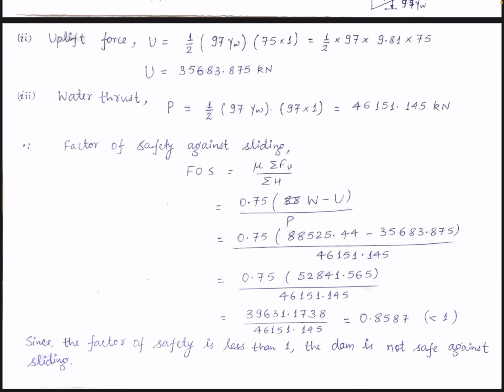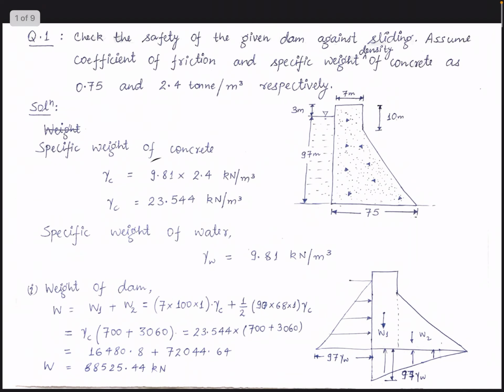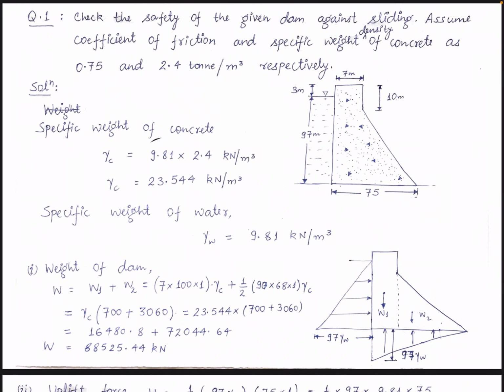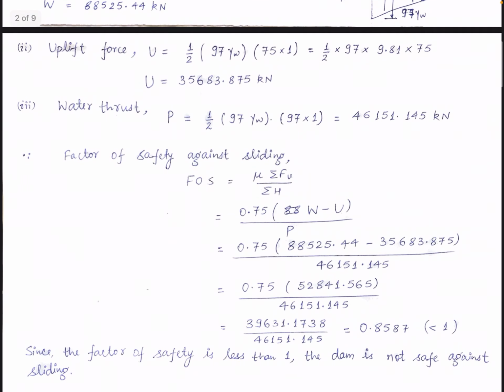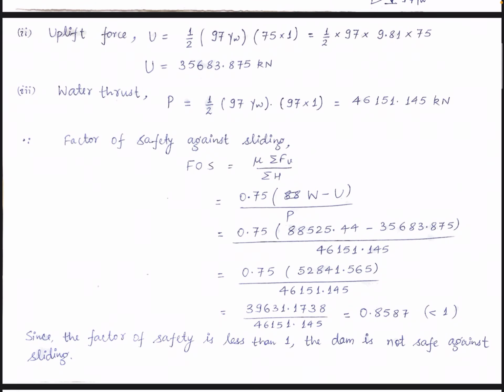That means it is less than 1, and the dam is not safe. It is unsafe against sliding. This will be our answer, because the question was only to check the safety. We have to check only whether it is safe or unsafe. After calculation and all the details, we have seen that it is unsafe. It is not asking about the design or anything else, it is just asking us to check.